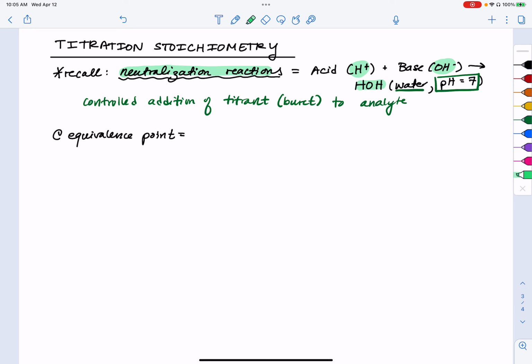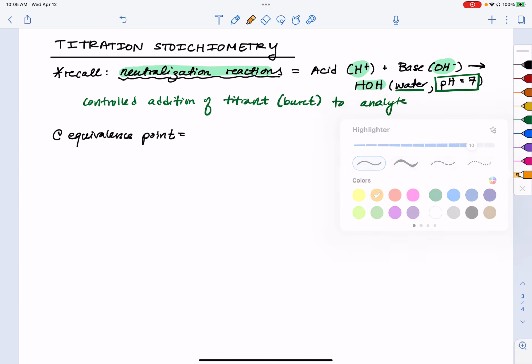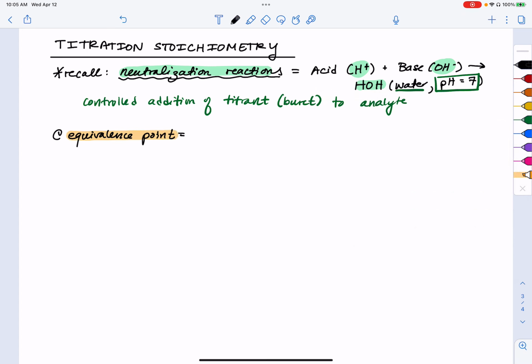Where by definition, we have added equal number of moles of acid as we have base, hence equivalence point.